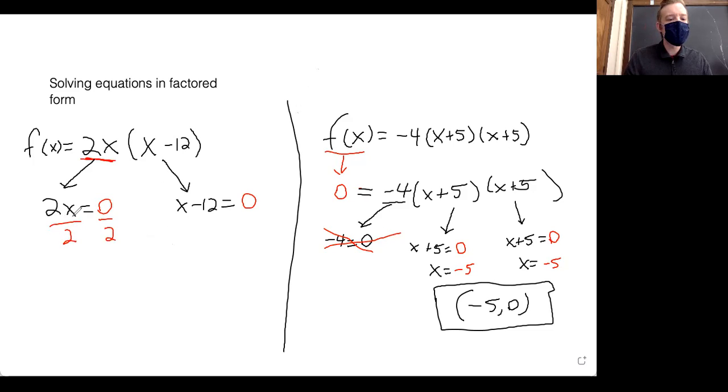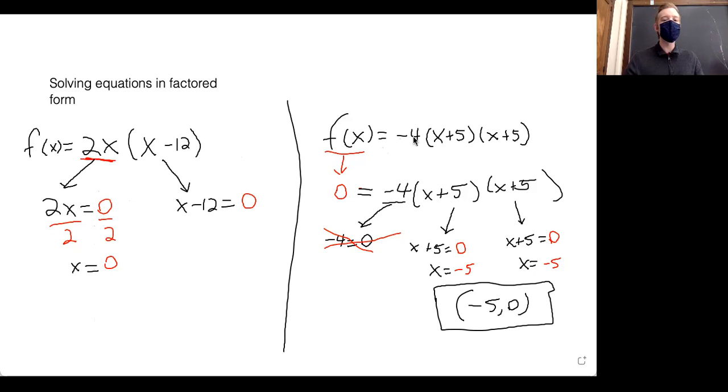So if I have a number in front of x right here, does it actually matter what number I have? No. Because we have 0 on the right side here, no matter what we divide by, we're still going to get 0. So it could be a 2 here. It could be a -4 like I had on the last problem. It could be 5,000. When I divide, I am dividing 0 by that number. And because I am dividing 0, the result will always be 0 in this situation.